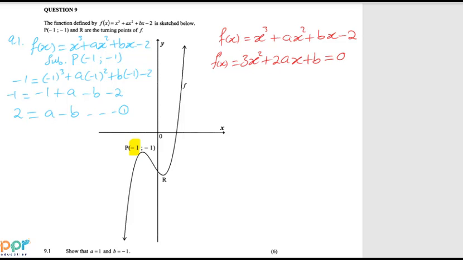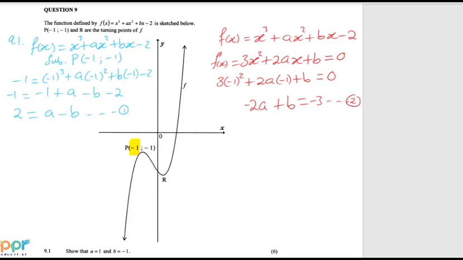So for x I put negative 1: 3 times (-1) squared plus 2a times negative 1 plus b equals 0. Negative 1 squared gives positive 1, times 3 is 3. Taking it to the right, I will have negative 3. 2 times negative 1 is negative 2a, so negative 2a plus b is equal to negative 3. Okay, this is my second equation.